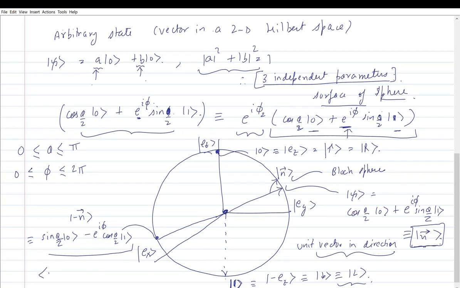Mind you, in this convention I have n to be orthogonal to minus n. That's just a way of representation. It's not the minus sign, it's the label. So that's going to be 0. They are orthogonal states.